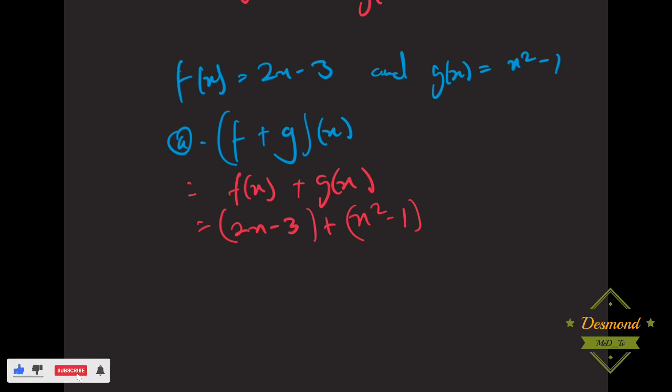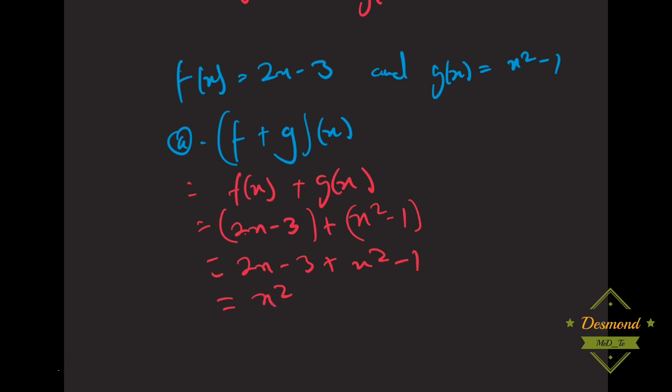So we have this. Now when we combine it and simplify, we have 2x minus 3 plus x squared minus 1. Then we'll get x squared plus 2x minus 4, right?